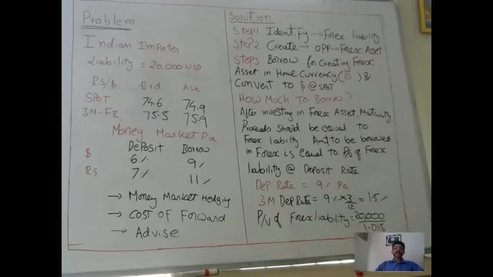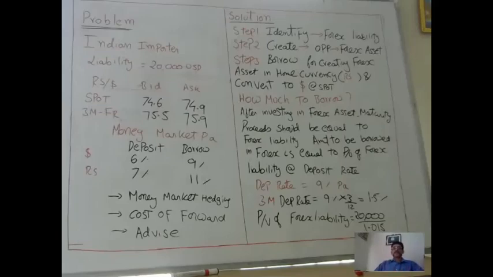You are required to find and demonstrate the process of money market hedging. You are also required to find the cost of forward, and advise whether it is advisable to go with the money market hedging or the forward contract. That is the given situation.